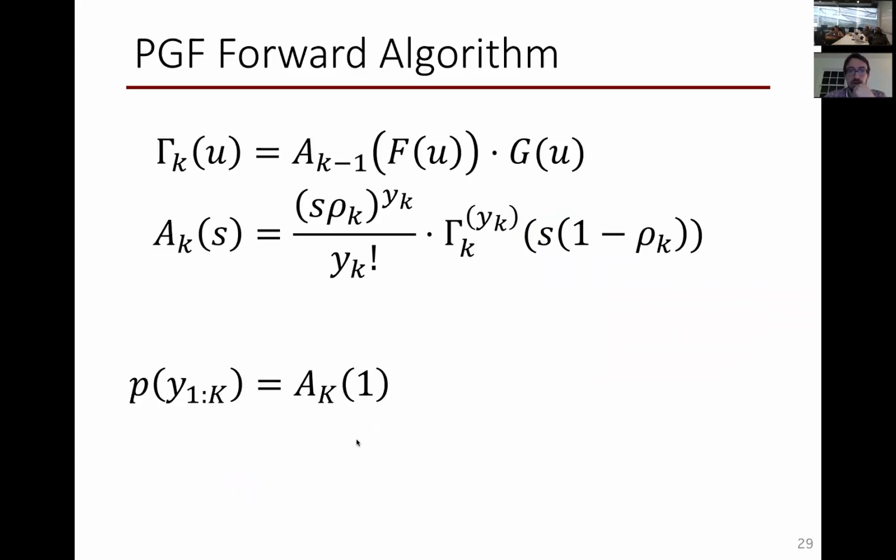Okay. So collected here is the complete recurrence that we just built up over the last couple of slides, that relates alpha k and gamma k, the PGFs for alpha k and gamma k. And what's nice about this is that once I have alpha sub capital K, the PGF for the last alpha message, if I evaluate it at 1, I am left with the likelihood.